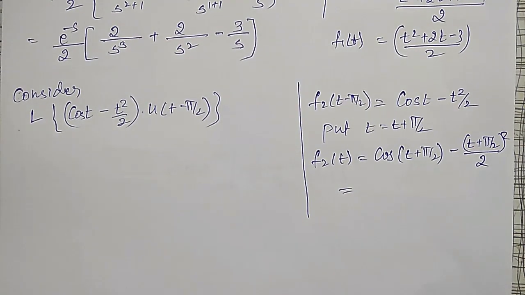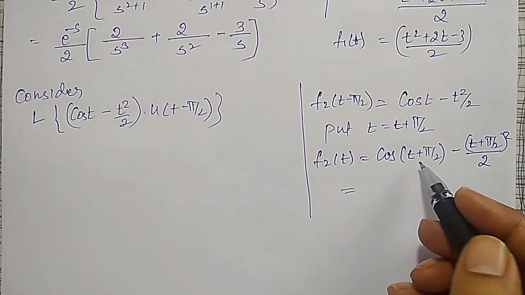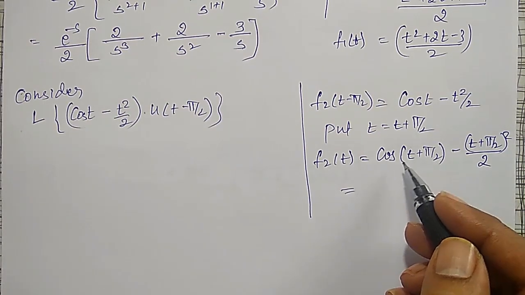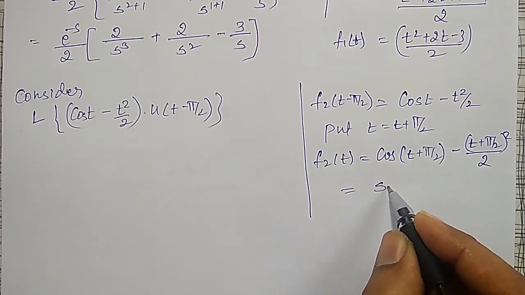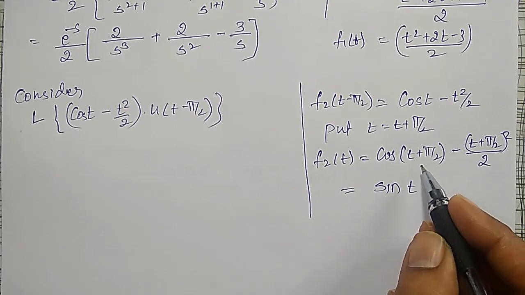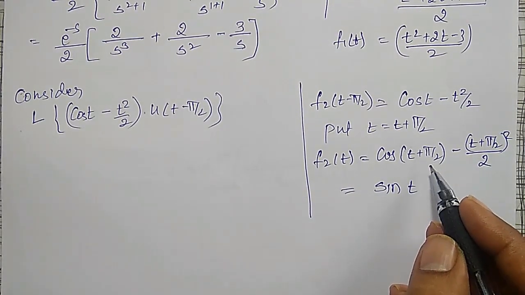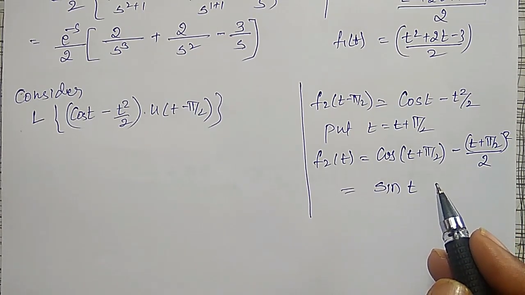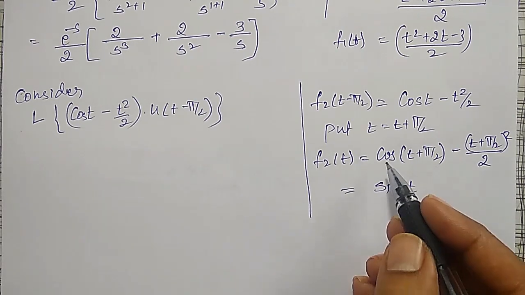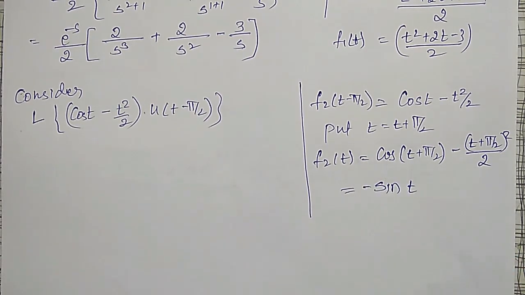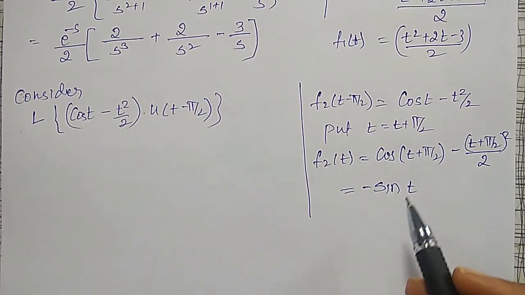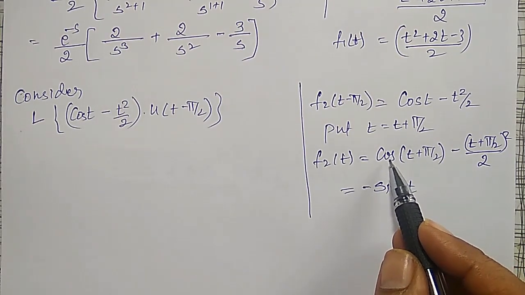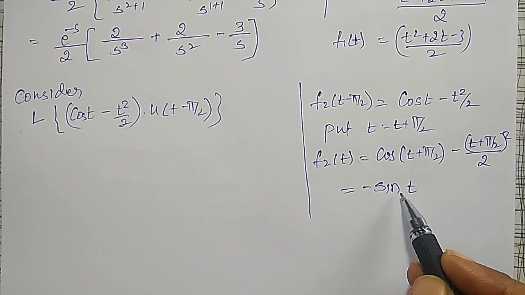Due to this pi by 2, cos will change to sine. Allied angles: t plus pi by 2, pi by 2 is 90 degrees plus t, it is in the second quadrant. In the second quadrant sine is positive but it is cos, therefore I am going to get a negative. Due to the second quadrant, cos changes to sine, therefore it is minus sine t.